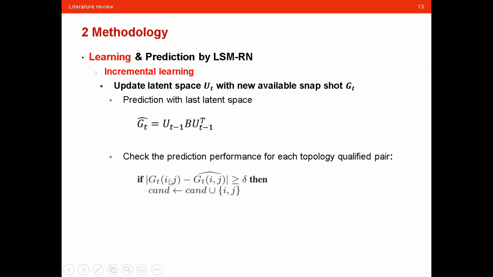Another highlight of this paper is introducing incremental learning to ease the computation in traffic prediction or missing value recovery problems. Specifically, when given a new snapshot, we want to update the latent space from U_{T-1} to U_T. At first, we will still predict the new graph snapshot with the old latent space in this formula.